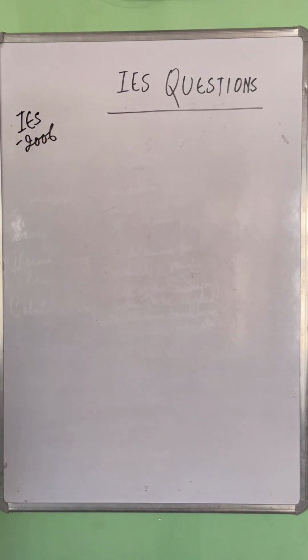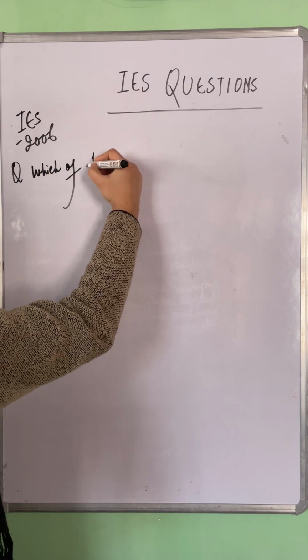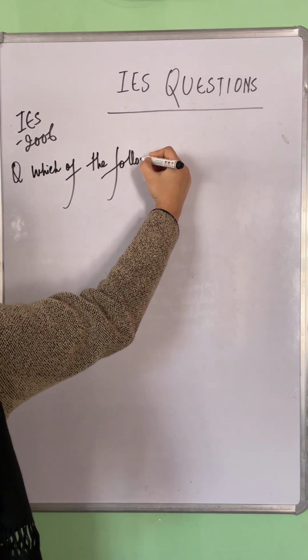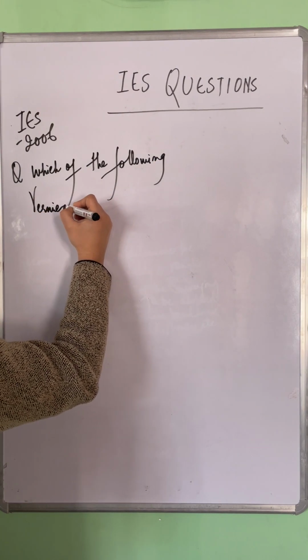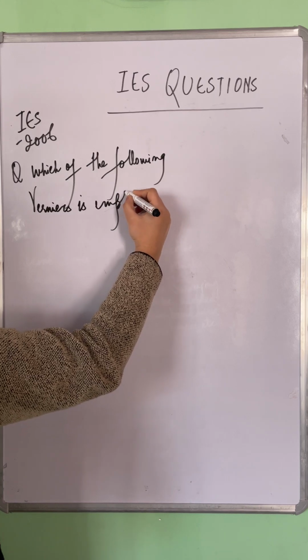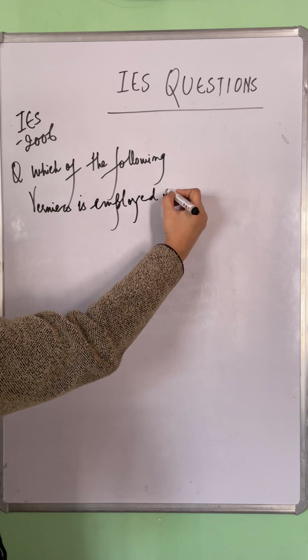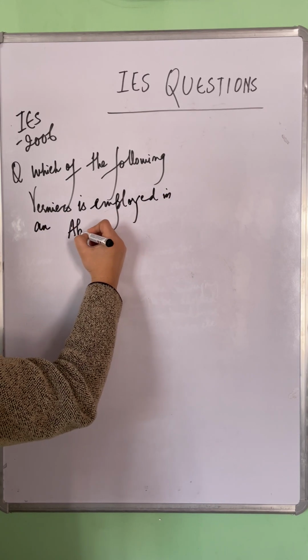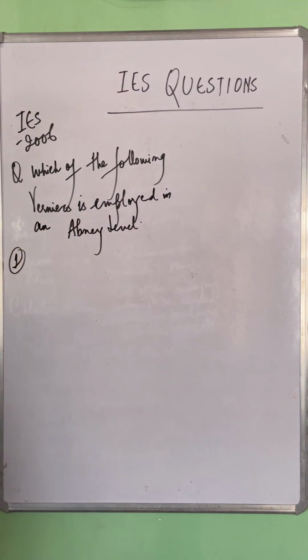This question was asked in IES 2006 and the question is, which one of the following verniers is employed in an Abney level? First one, retrograde vernier.